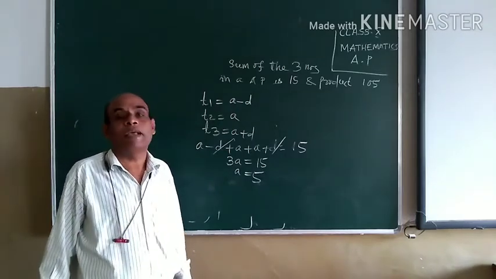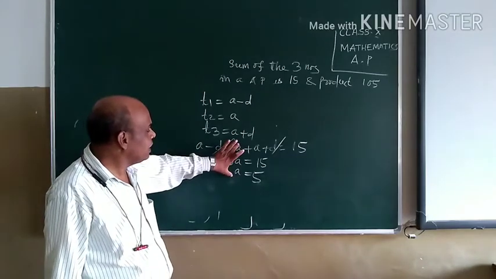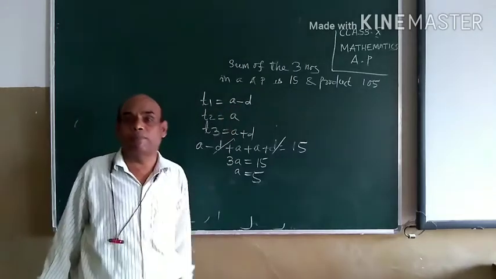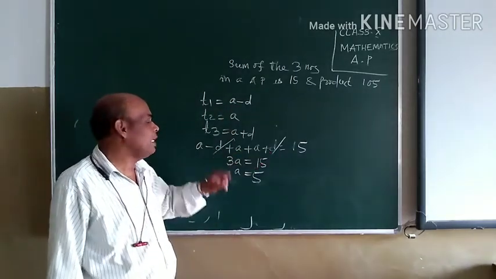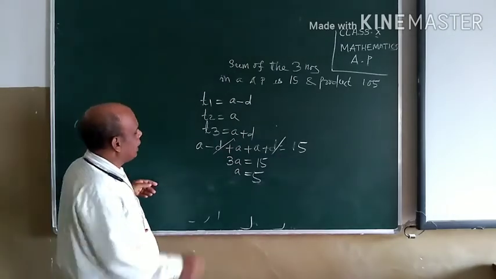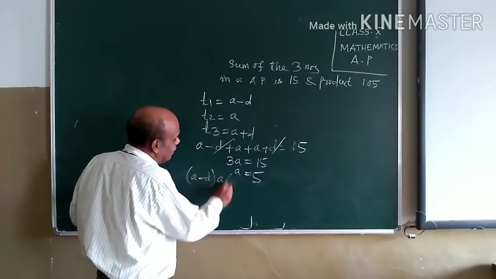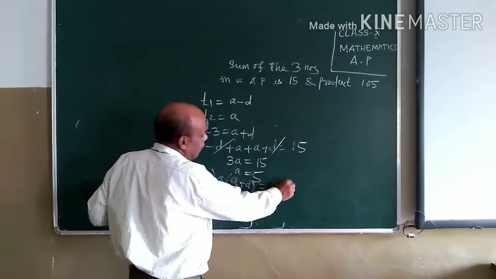We can solve the problem also, but it will be easier if we assume the first number is a minus d, because plus d and minus d will be cancelled. Then the product is 105, so we will write a minus d into a plus d is equal to 105.